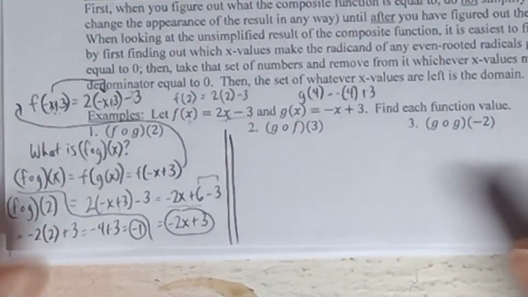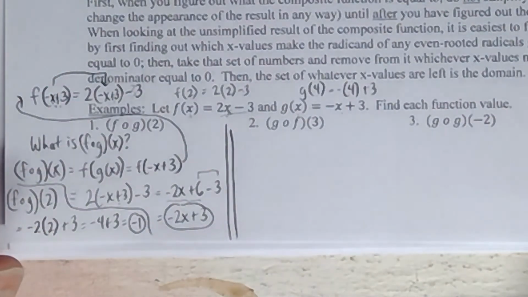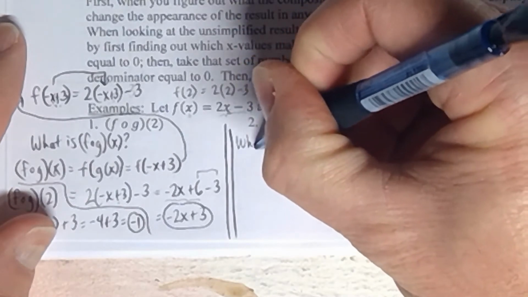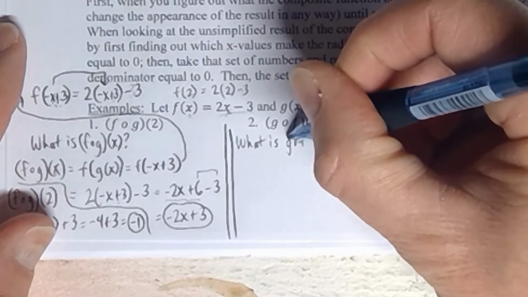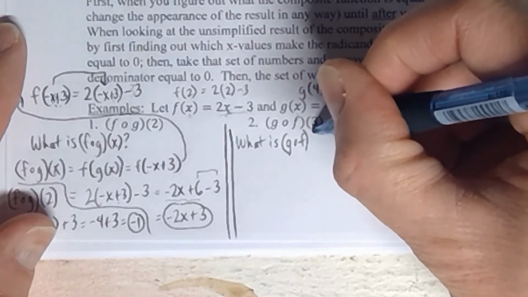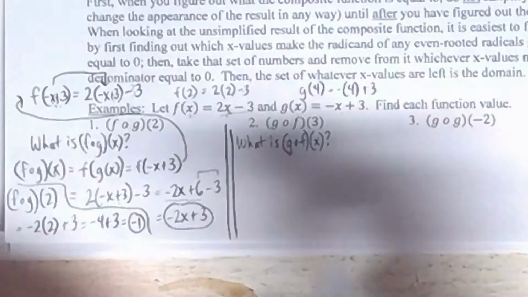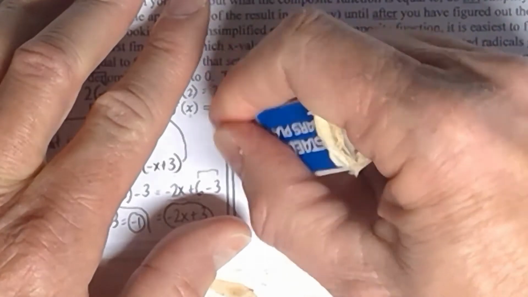Now, what happens, you guys, if we have g circle f? Same idea, it's just now the g is the outside part and f is the inside part. To save myself some space here, let me get rid of the words.